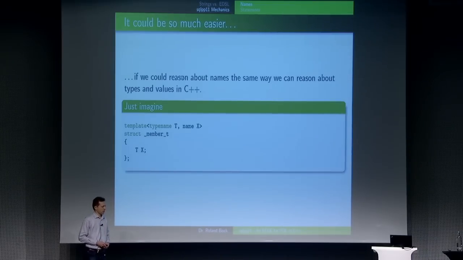Sadly, we can't, but just if we could, and we could say something like this. So our member template would, instead of having a name that somebody had to type somewhere, be a generic member template that we could instantiate with a name. That would be so much easier, right?